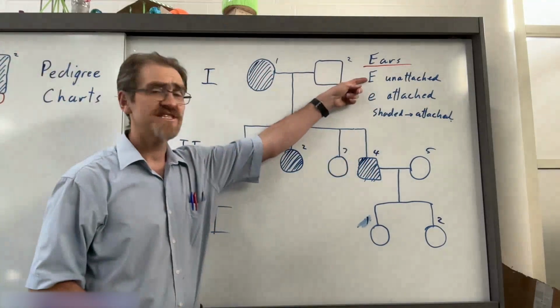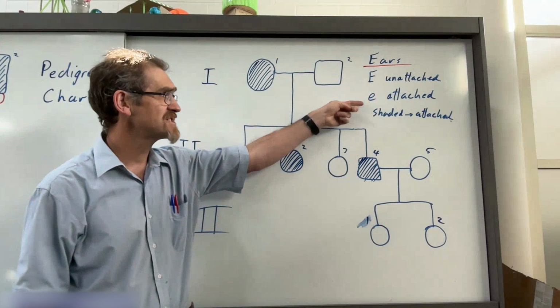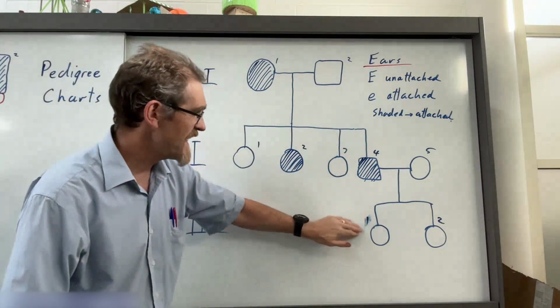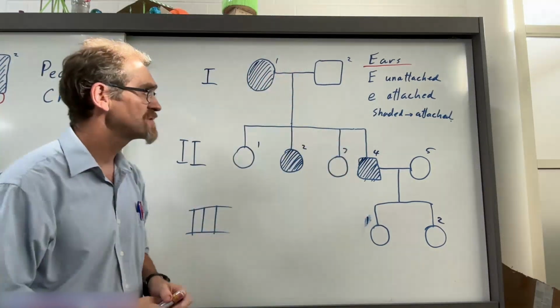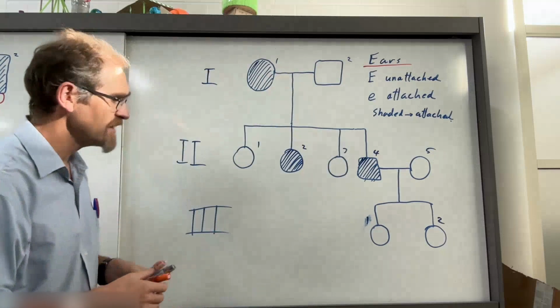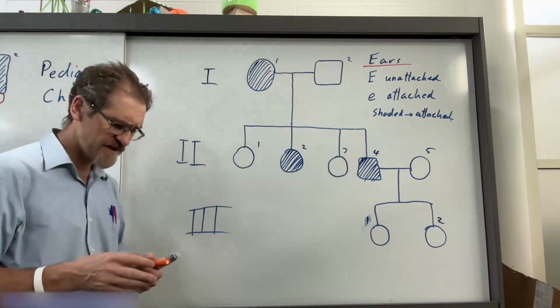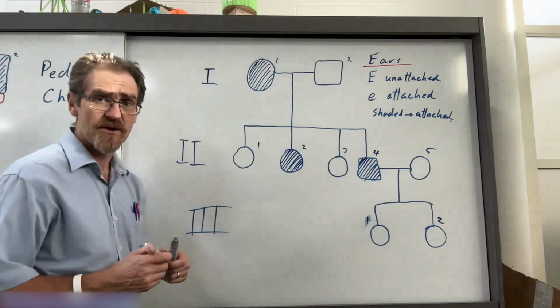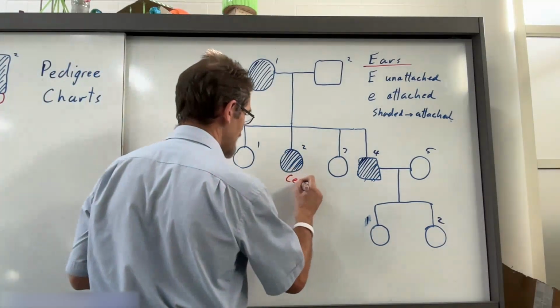Capital E is unattached, it is dominant, lowercase e is attached, that is recessive. I'm going to say for the sake of this pedigree chart that shaded individuals have phenotype attached ears. So straight away, because I know that the shaded individuals have phenotype attached ears, that tells me that they have to have genotype lowercase e, lowercase e. We'll put that one in.